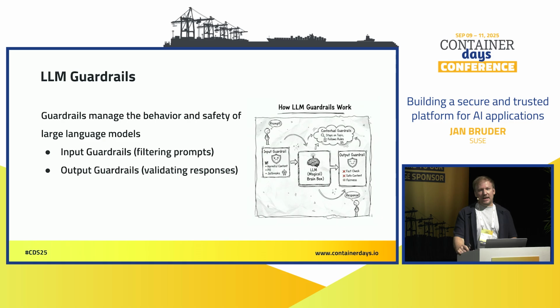So these guardrails, for example, prevent the model from explaining to the user how to build a bomb or something like that. Yeah? So each model has these guardrails already in them, but additionally, you should also create and enforce your own guardrails if you deploy an LLM in your organization.